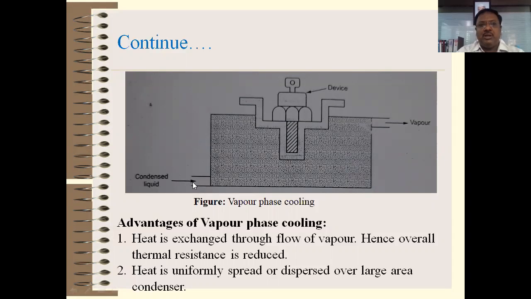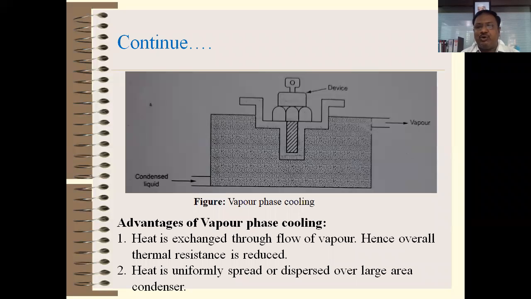So what happens? The temperature of this particular coolant is maintained at 47 degrees Celsius. That is advantageous. If your device becomes more heated, the temperature of the coolant is still maintained at 47, because after 47 it starts to boil and generates a vapor.